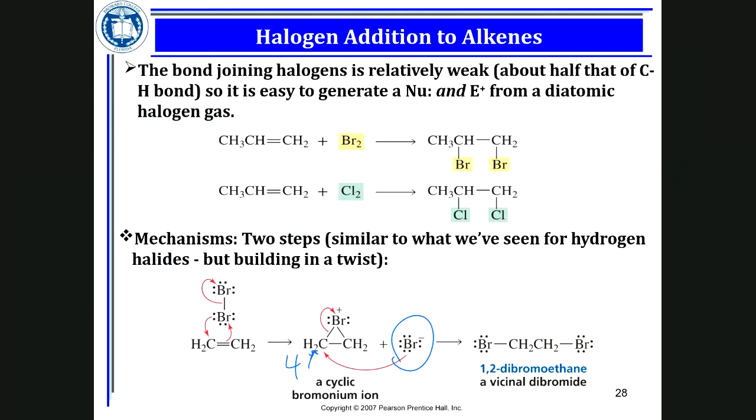So what's going to happen? There is no pi bond to break here. There is no leaving group to leave. So what's going to happen? The weakest bond breaks. What is the weakest bond? The triangle is going to open.